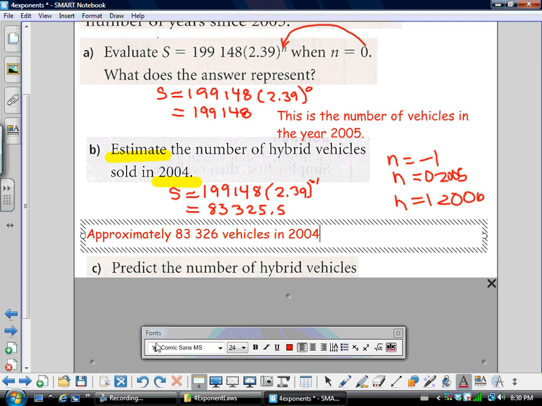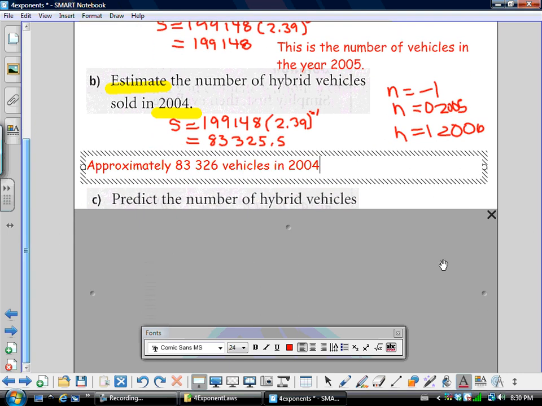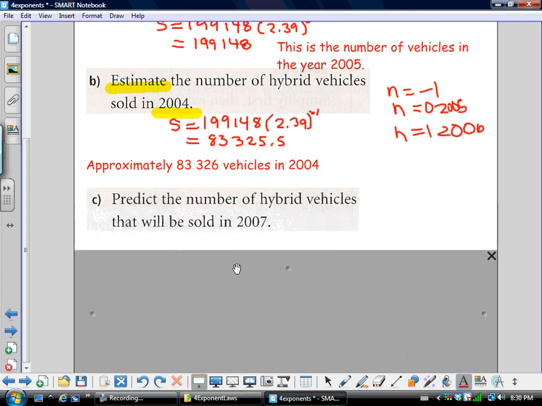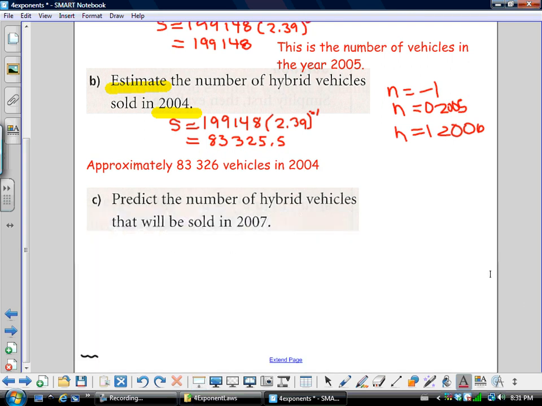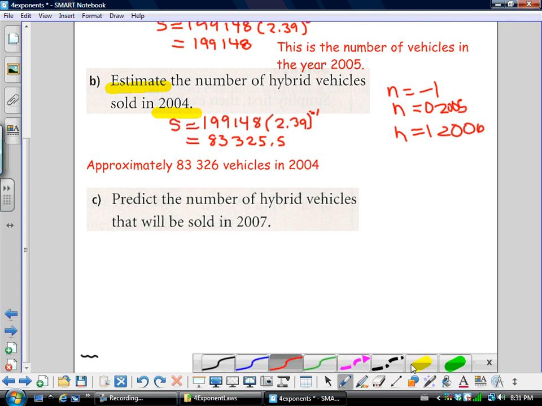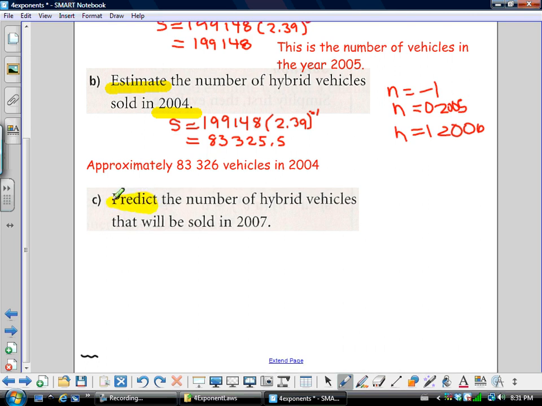Again, the next part of the question is predict the number of hybrid vehicles that will be sold in 2007. Just like the word estimate, when we're talking about predicting, we're assuming our equation will hold true in the year 2007.